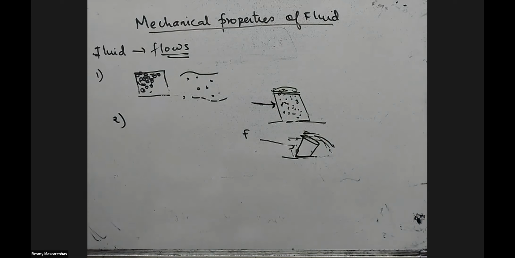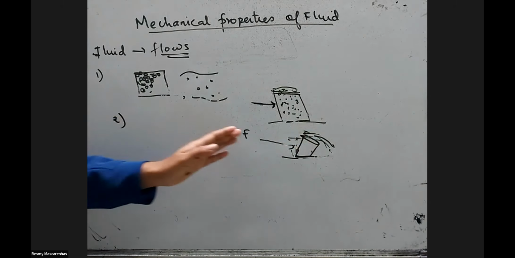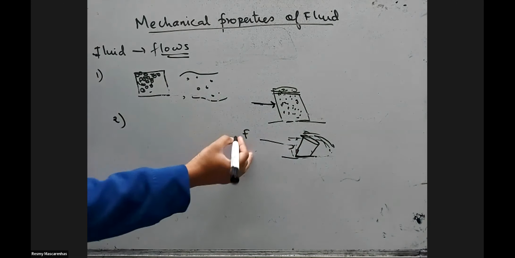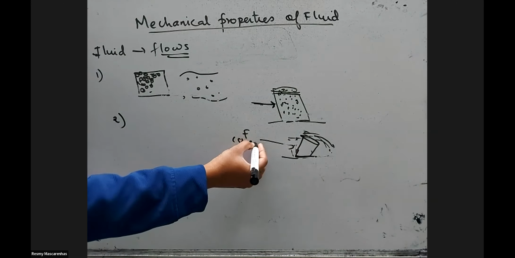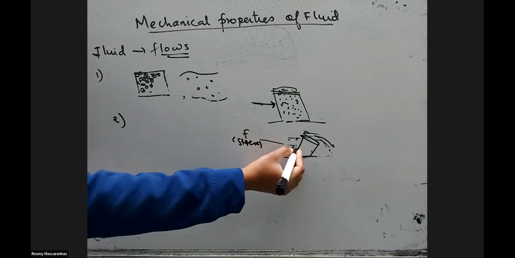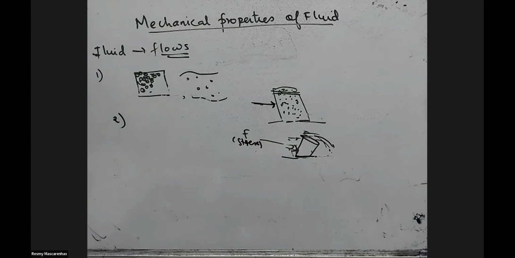A fluid cannot withstand stress for an indefinite period, for a long time, or even for a short time. It begins to flow when the stress is applied. Force per unit area, you know, is stress, so it will flow.